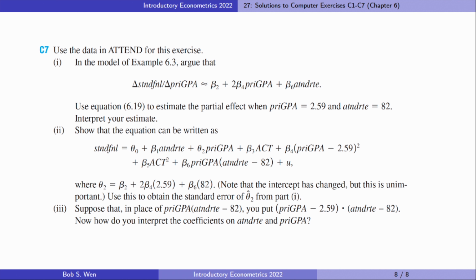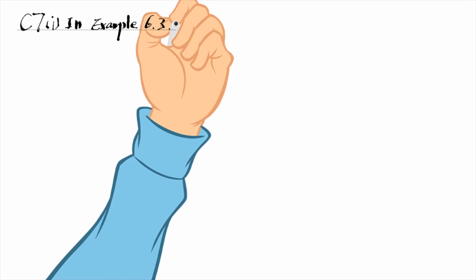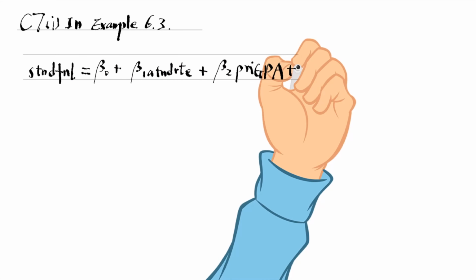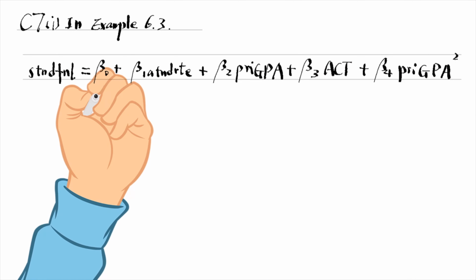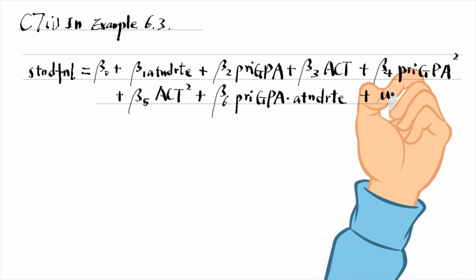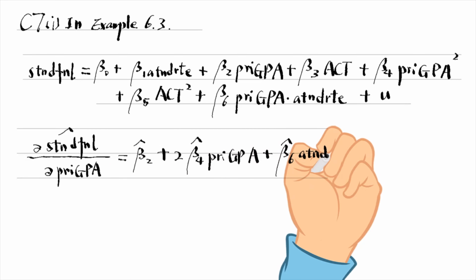Let's do computer exercise number 7. Taking the derivative from the model in example 6.3, we find the marginal effect of the prior college GPA on the standardized exam score as a function of the prior GPA and the attendance percentage.